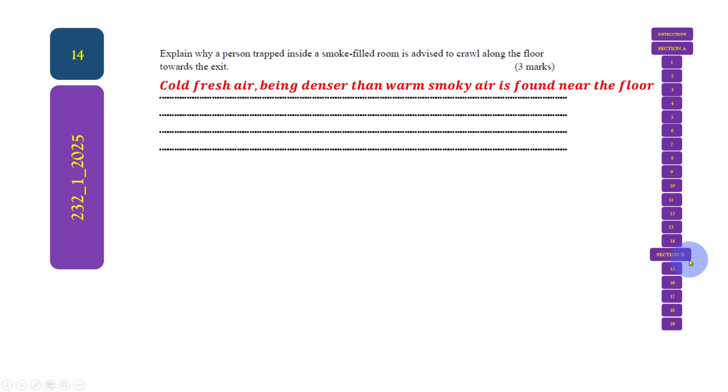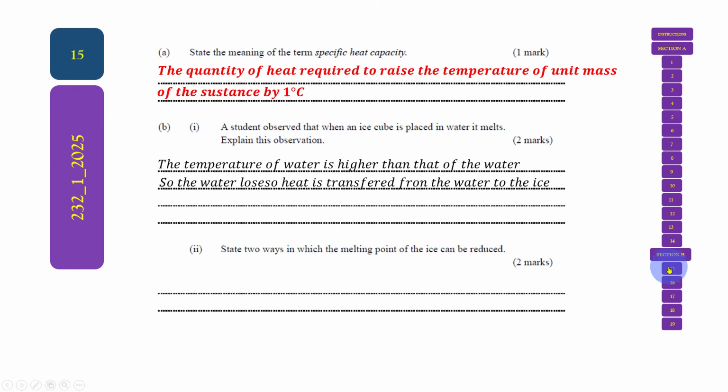So let's go to section B, and in section B we've got question 15. State the meaning of the term specific heat capacity. So probably in this question you are being asked to define specific heat capacity. It is the quantity of heat required to raise the temperature of unit mass of the substance by 1 degree Celsius.